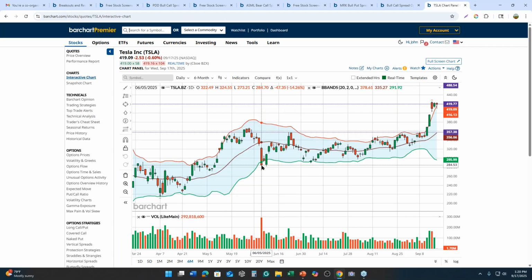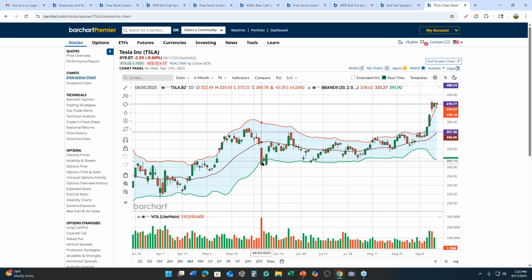But price has probably fallen too fast. And what we see here in terms of volume is that it's a huge amount of volume on a one-day event. And what has happened after that? Price closes inside the band and volume drops off significantly. So this was a singular event that is telling us that there's probably an exhaustion to whatever this price movement was. So something to watch for on these singularity events.